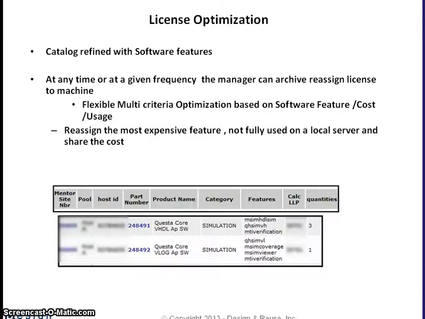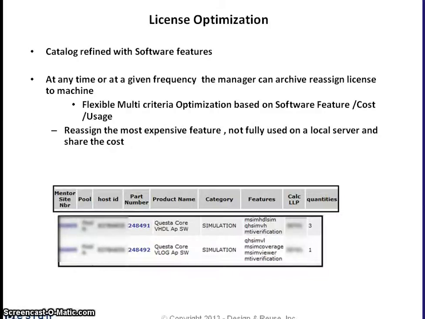So now it is perfect to do optimization. How do you do it? Optimization is a multi-criteria optimization. You would like, of course, to save money and to satisfy everybody. So if a guy comes and says, I need in emergency a tool, the feature, he picks per feature, the designer.